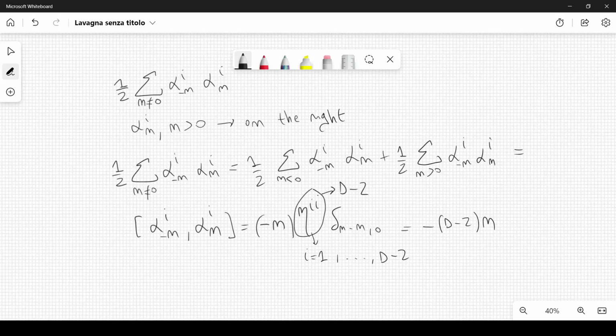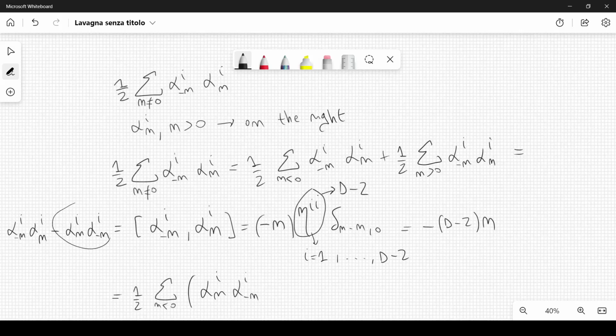Therefore we can write this as 1/2 summation over n less than 0. Here we get α^I_n α^I_{-n}. So we are simply rewriting this term by using the commutator, because remember that this commutator is α^I_{-n} α^I_n minus α^I_n α^I_{-n}.